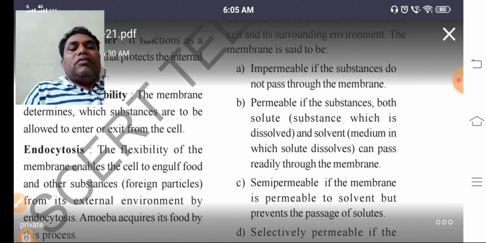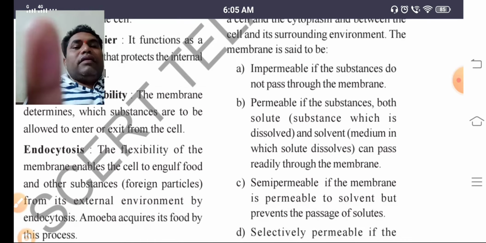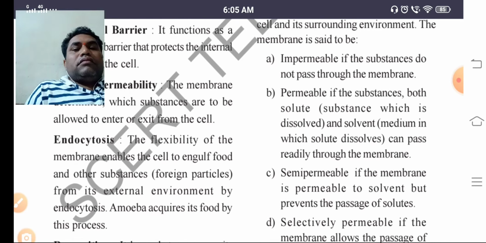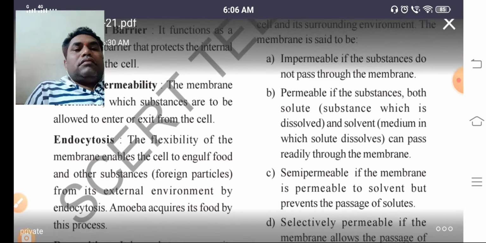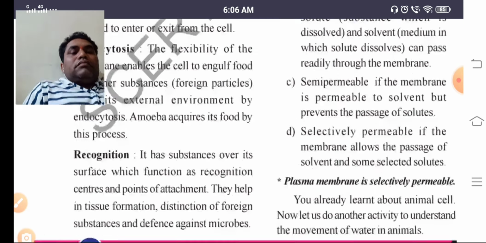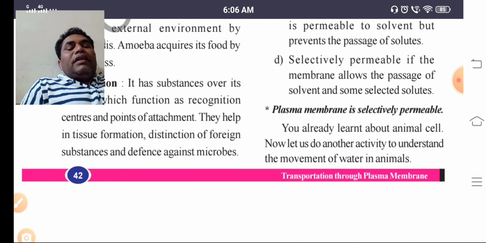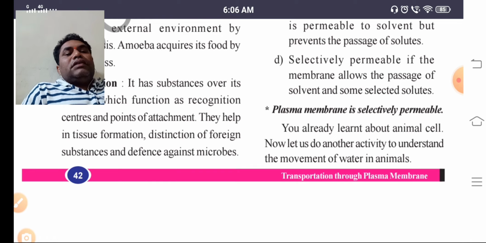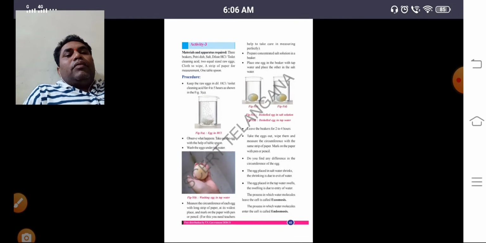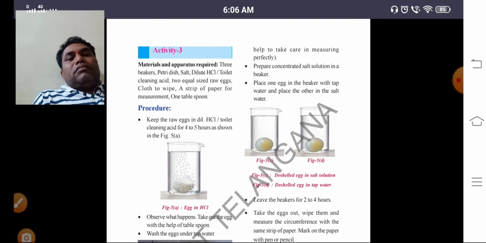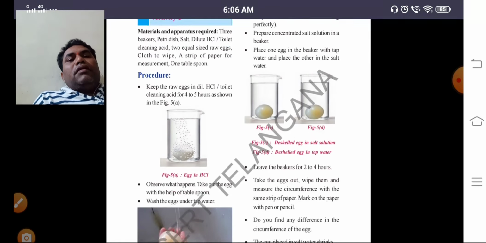You have to keep this in your mind. Plasma membrane is selective. We already learnt about the animal cell. Let us do another activity.